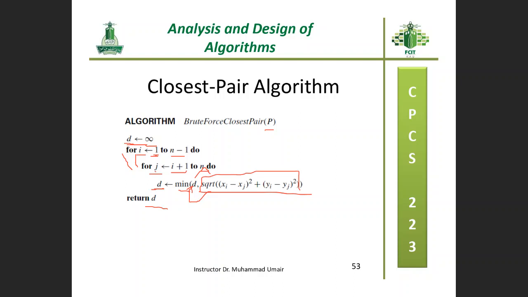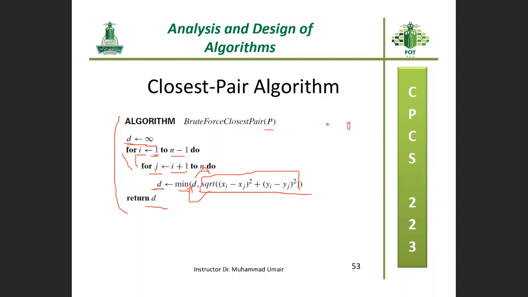If I ask you after executing this algorithm, which 2 points were having the shortest distance? Distance is compared with the next one, but you will keep on comparing and calculating the next one. For example, the first 2 points were the closest.